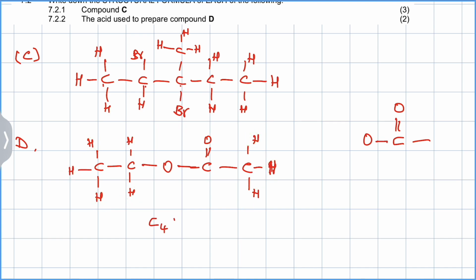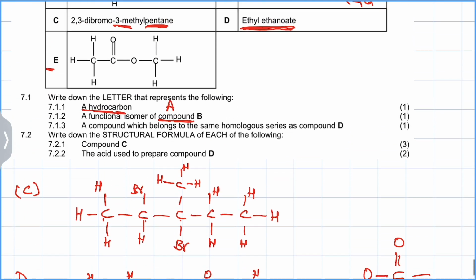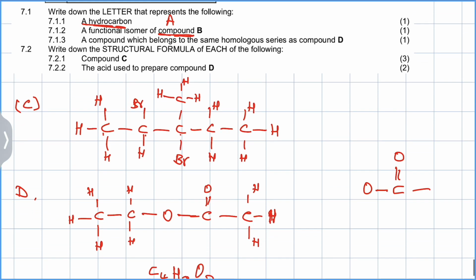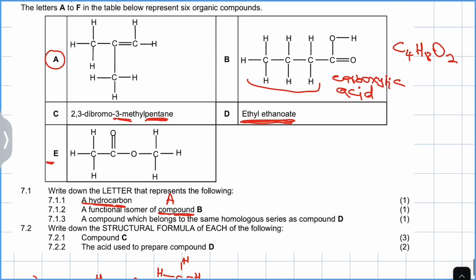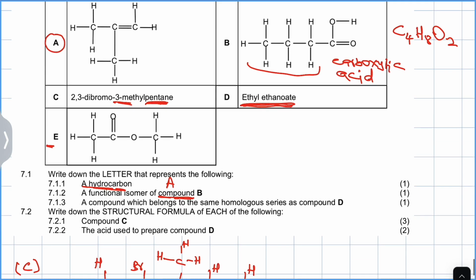So it's C4H8O2. Therefore compound D and compound B are isomers of each other, and we know that a carboxylic acid and an ester are functional isomers. So the functional isomer of compound B will be D.